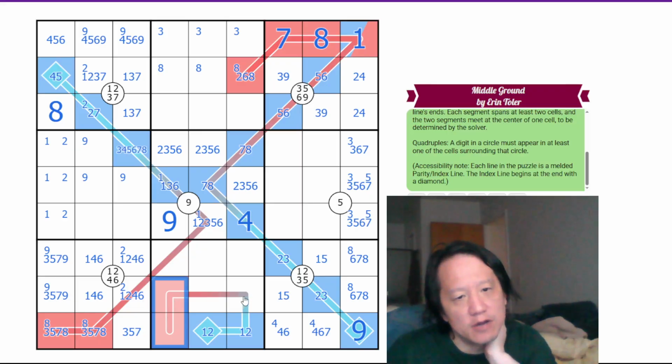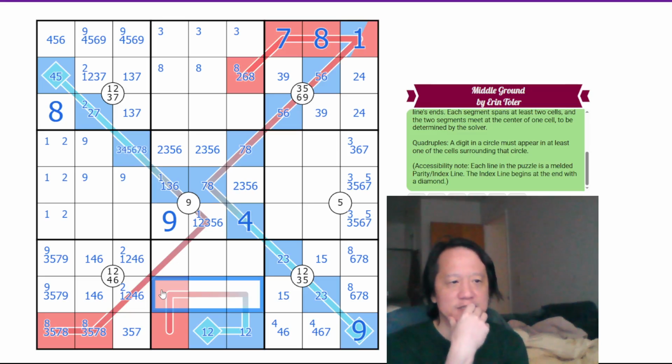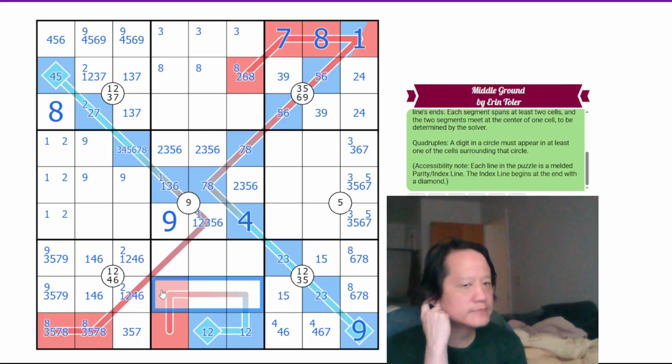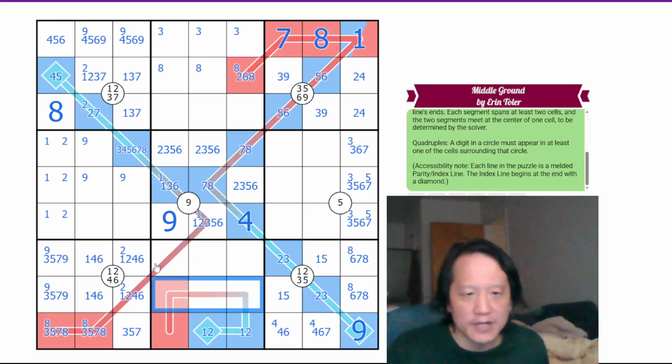Can we have 3 digits be here for the index line? That would mean it has to be 3, 4, and 5. No, the answer is no.